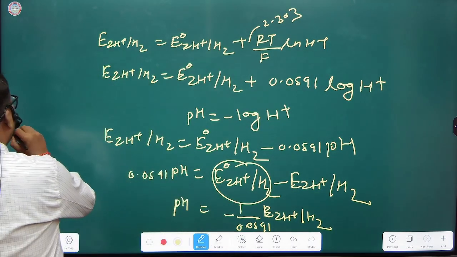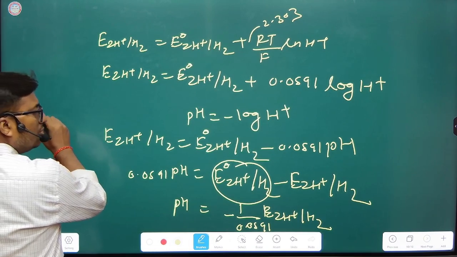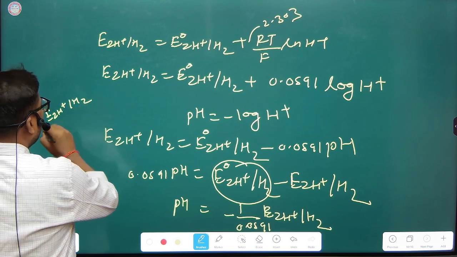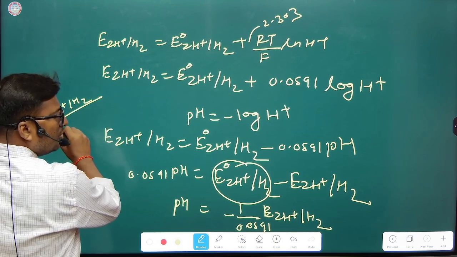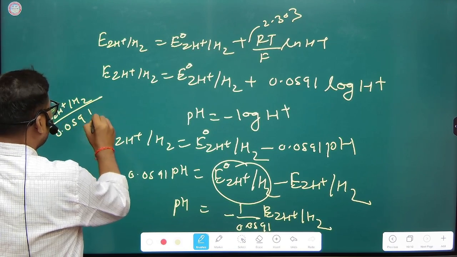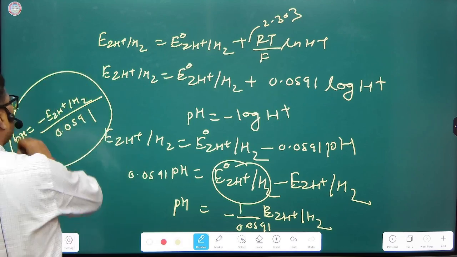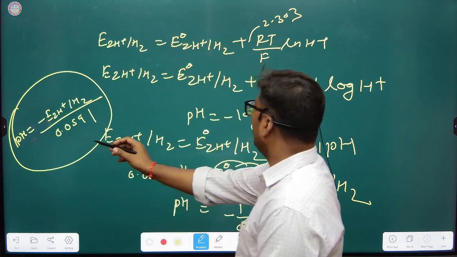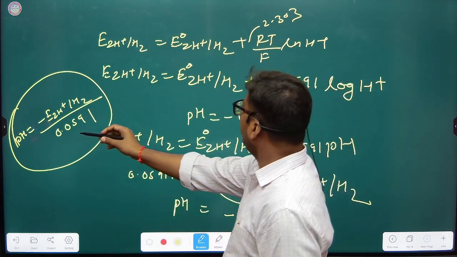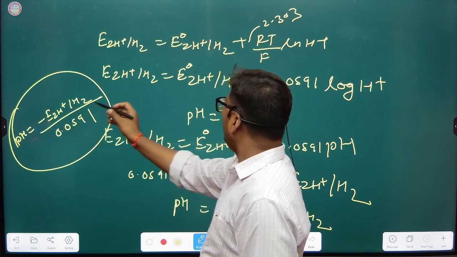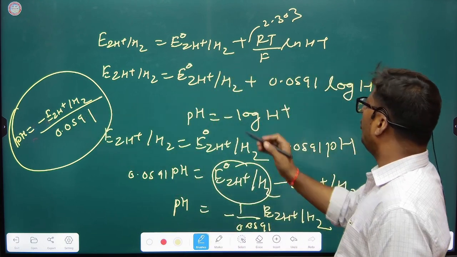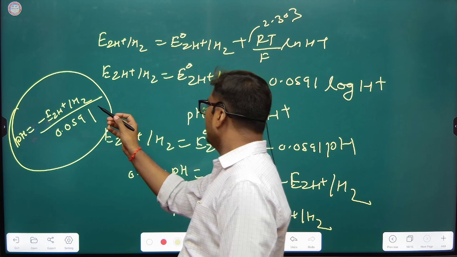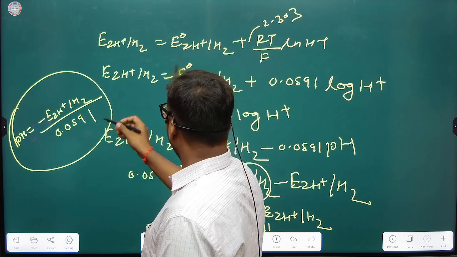So ultimately pH is equal to E 2H plus H2 upon 0.0591. So this is the relation between the EMF of the galvanic cell and the pH. So pH is directly related to the E cell or E electrode of the standard hydrogen electrode, that is the reference electrode.